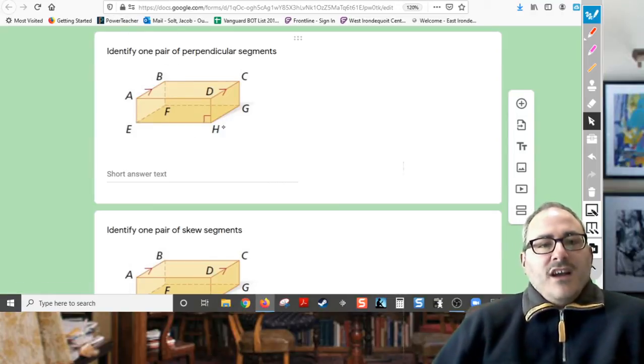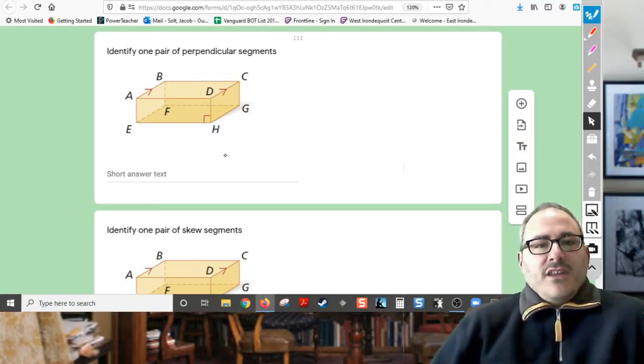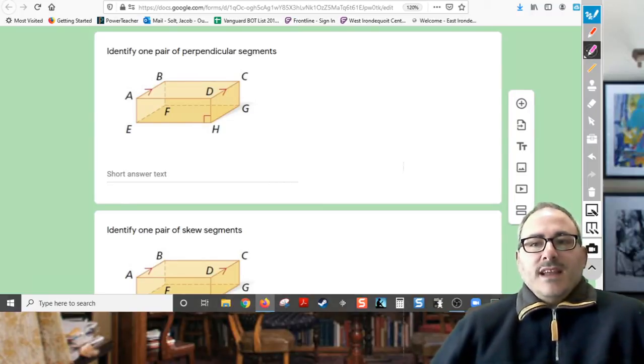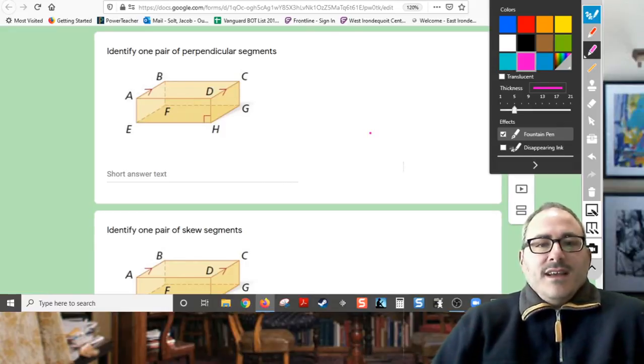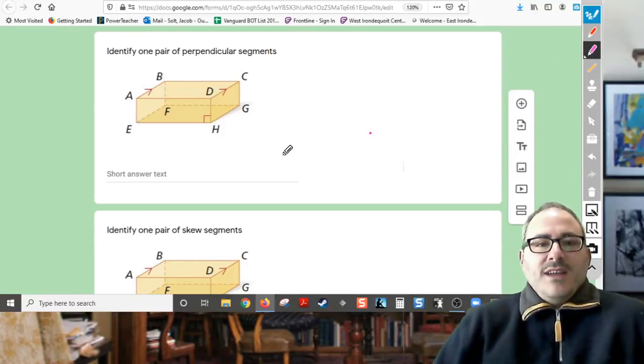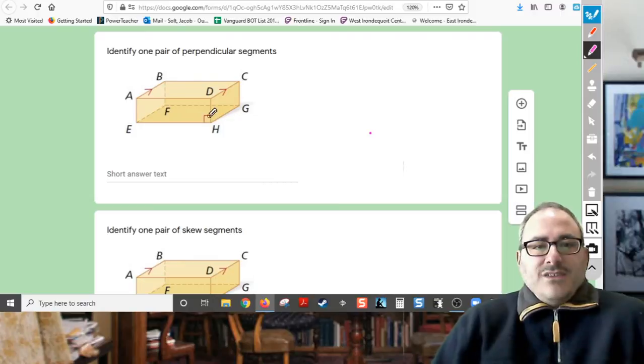You're identifying one pair of perpendicular segments. So I'm looking for two segments which are perpendicular, intersecting at a 90-degree angle. So I'm looking at my diagram and I'm noticing there's some notation here which indicates perpendicular, which indicates 90 degrees. And I'll just do this one. What the heck? I don't want to give them all away, but I noticed this notation here that says 90 degrees.